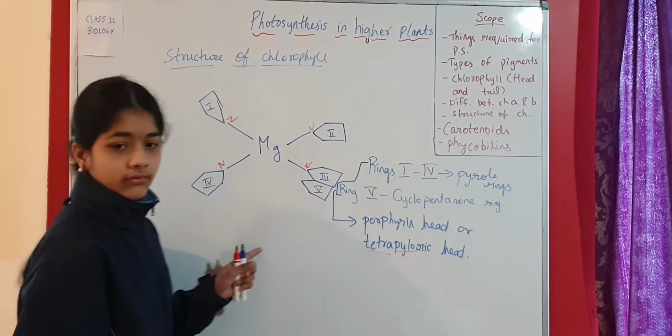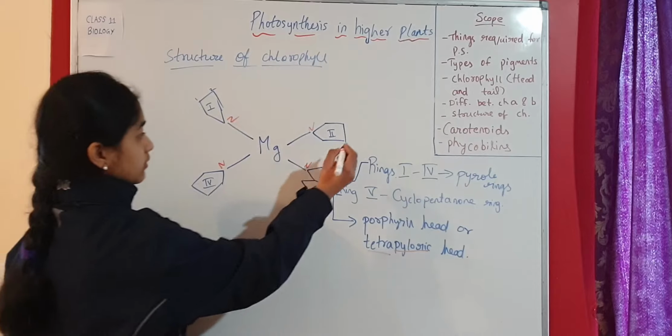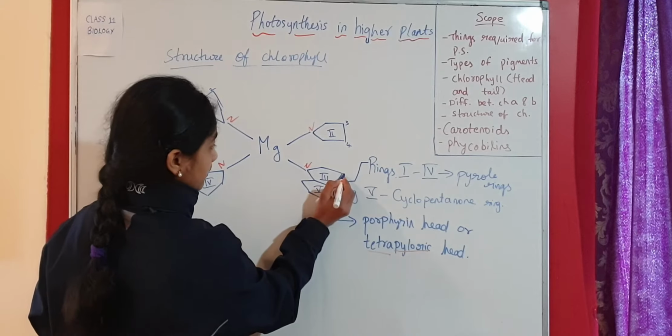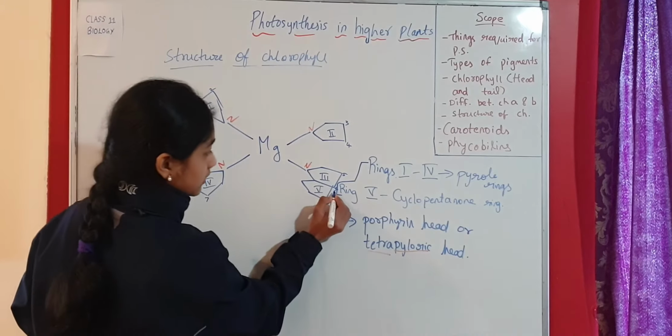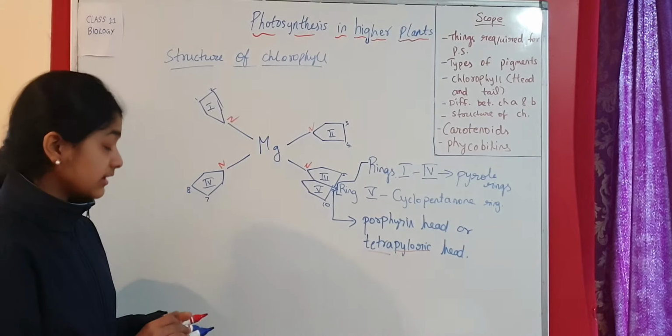Now, coming to carbons, there are some carbons which are attached to the corners of these rings. So, if we have to name them, this is carbon number 1, 2, 3, 4, 5, 6, 7, 8, 9, 10. The order is very important.